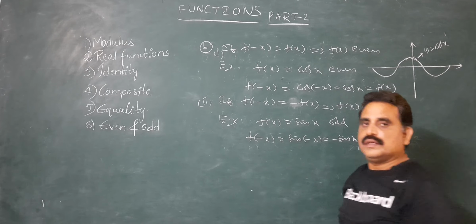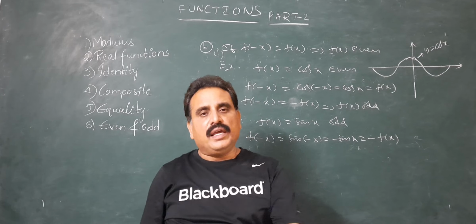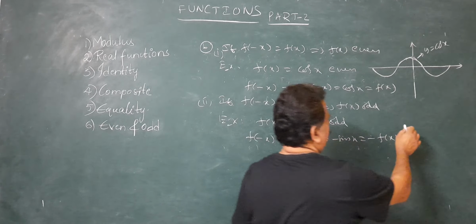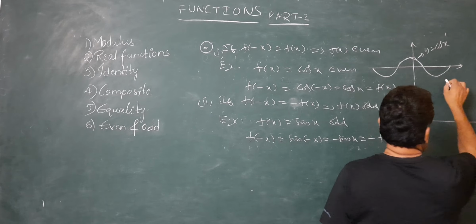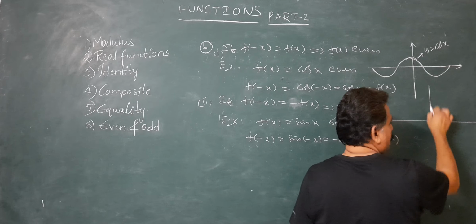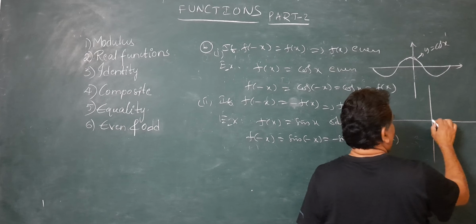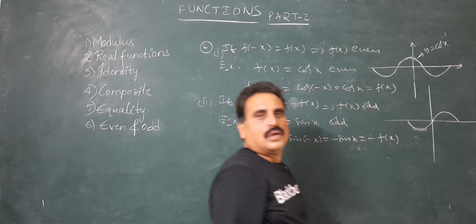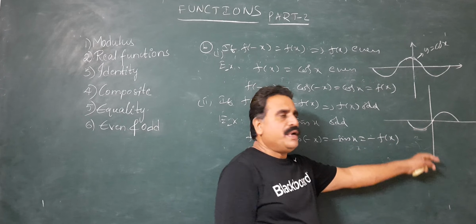Now, every odd function is skew symmetric about the y-axis. Now observe the sin x graph, which looks like this. Sin x is skew symmetric about the y-axis.